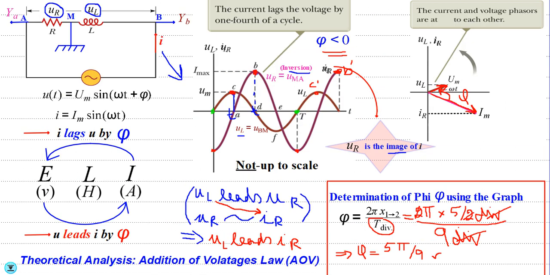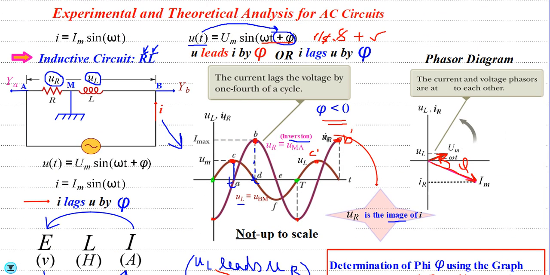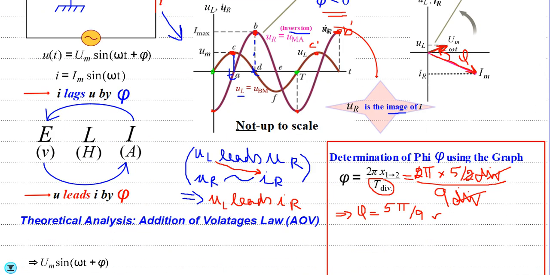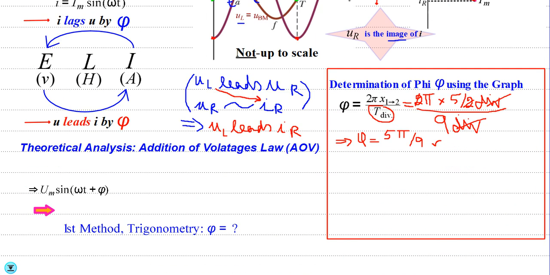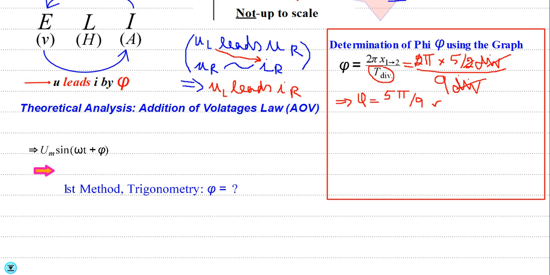Now, as long as we have studied the experimental analysis of the LR circuit in an AC generator, and we found the phase difference phi, let us go for the theoretical analysis. In the theoretical analysis, we know the addition of voltage law, and you have to put it always.